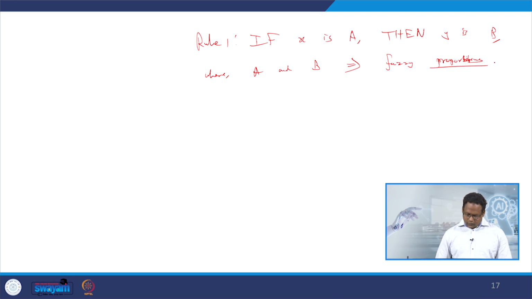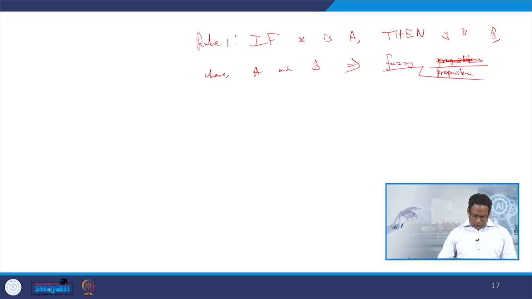Okay, fuzzy propositions or fuzzy sets. Precisely, they are nothing but the membership function values pertaining to that rule. We are going to see them in the upcoming time. Okay. So, this is rule 1.